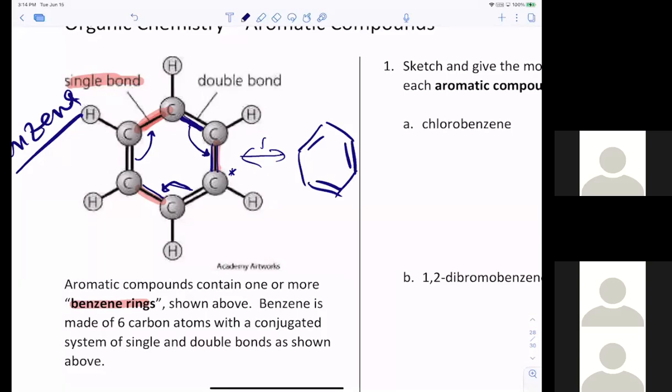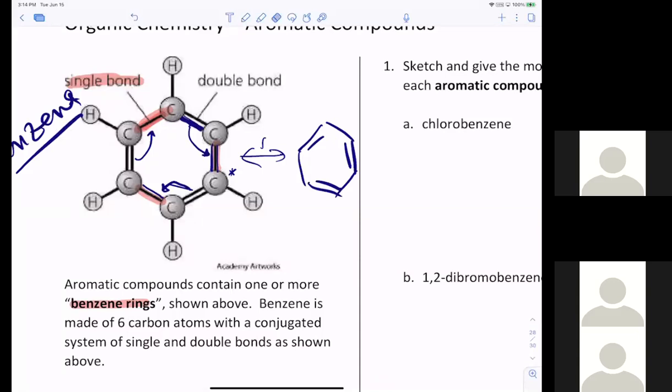And if you measured the lengths, you'd find short, long, short, long. You don't get that. When you take a picture and measure the lengths, they're all average bond lengths and they're all the same. So that image I just created of delocalized electrons moving around the ring can't be literally true.